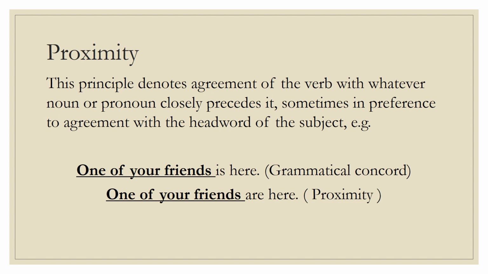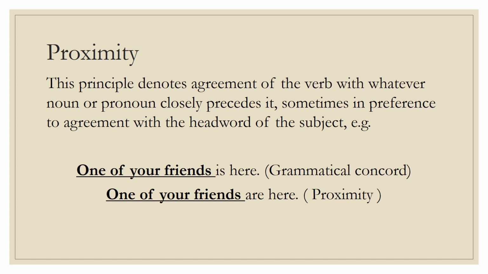It is only one of them. So the main word, or the head word, is one. And I know one is singular. So here the verb agrees with it and becomes is, singular. This is according to what? Grammatical concord. What does the grammatical concord say? Grammatical concord says that if your subject is singular, then your verb is singular.